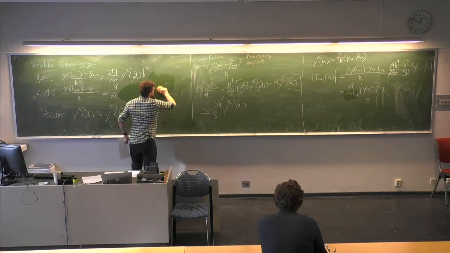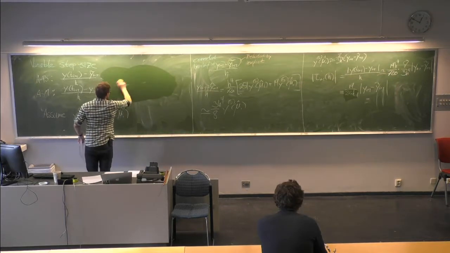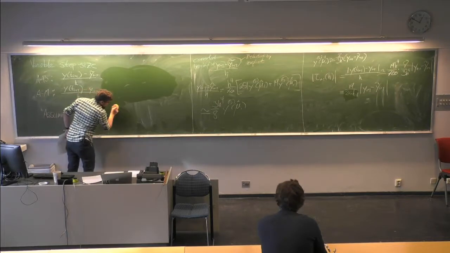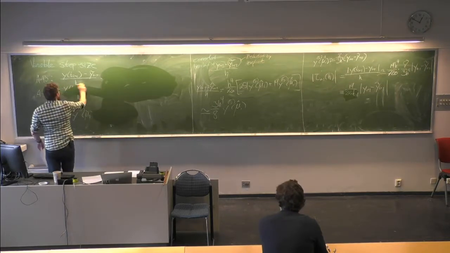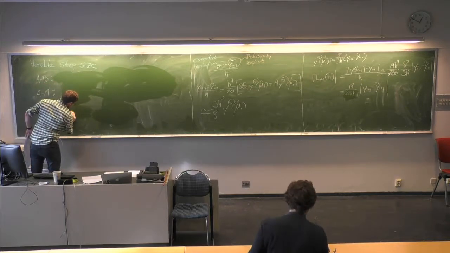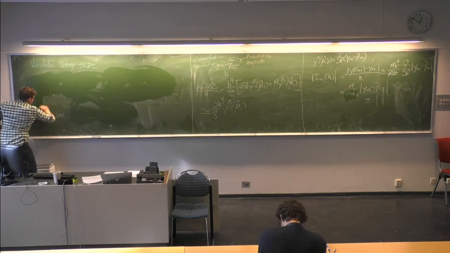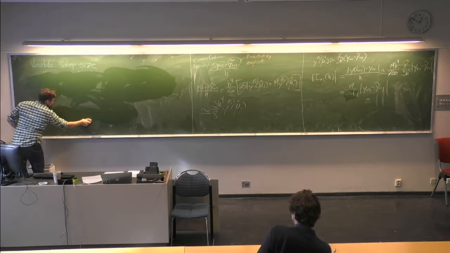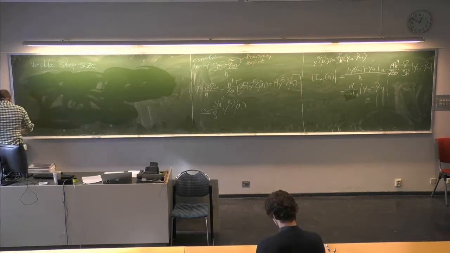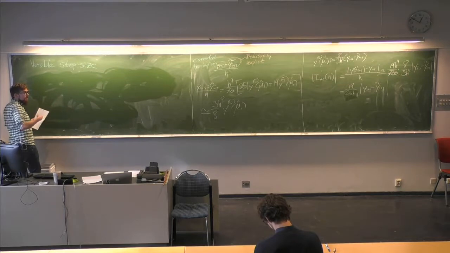Okay, so now we can actually use this to try to figure out if we want to increase or decrease the step length or step size, as I've written earlier here. So what we want to do is choose Q, kind of a scale.